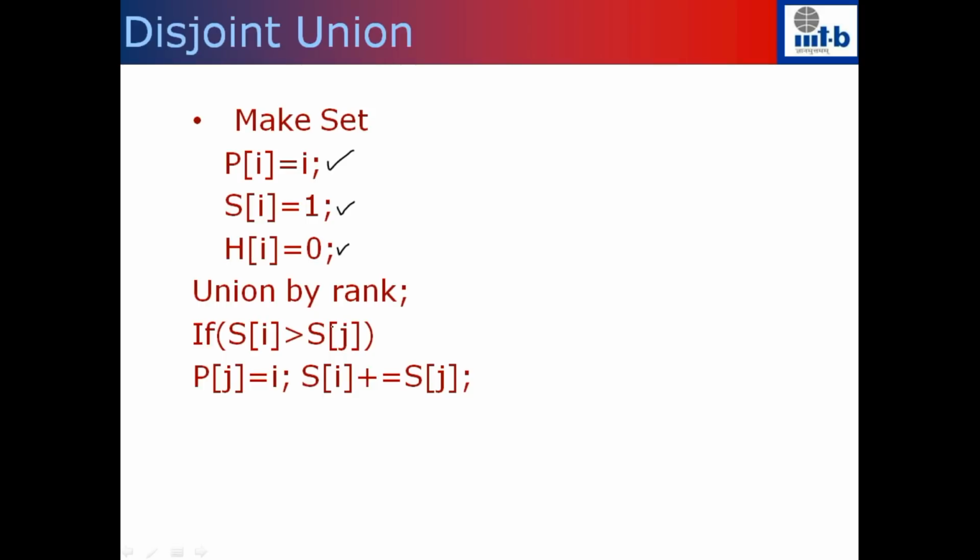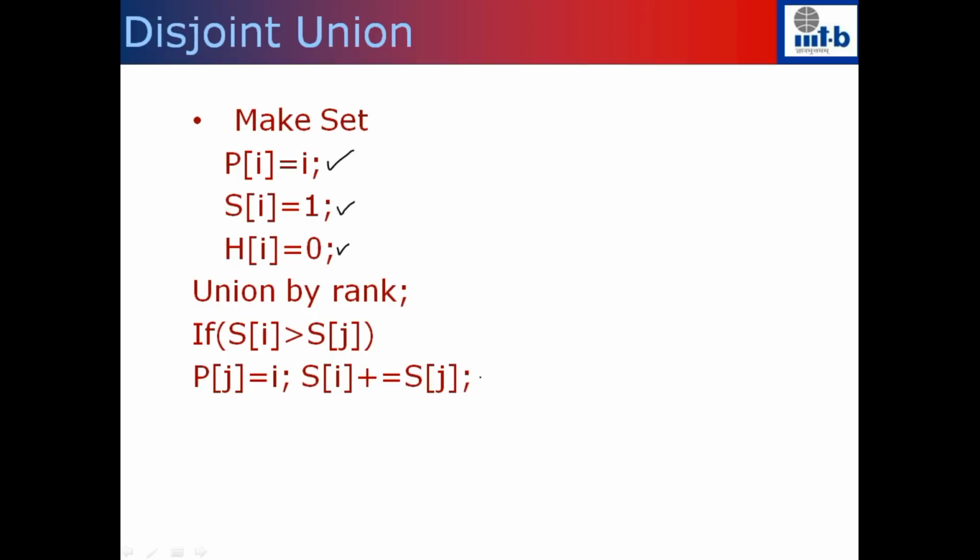If S of i is greater than S of j, we make the smaller one the child of the bigger one, which is equivalent to just updating the parent pointer of j to be i, and setting S of i equal to S of i plus S of j. This subtree will contain all the elements that were in the subtree containing i, plus all the nodes in the subtree which has been merged with it, the subtree containing the jth element.